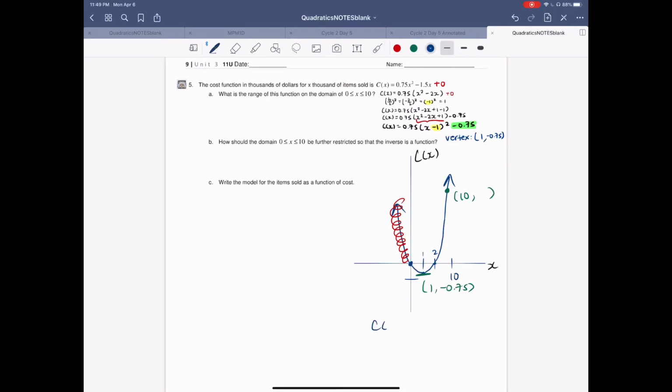So C(10) = 0.75(10)² - 1.5(10). So that's equal to 0.75 times 100 minus 15. So 75 minus 15. C(10) is equal to 60.